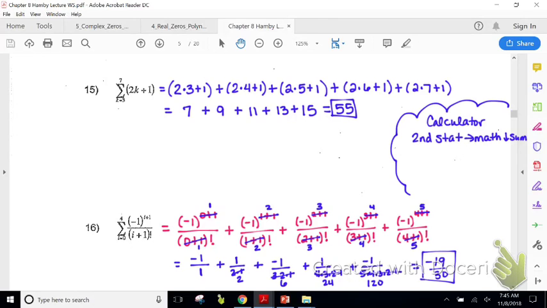All right, so it's going to take you back to your home screen, and on it you should see the word Sum and a parenthesis. Let me move that over a little bit. All right, then while you're there, you're going to go back to Second Stat.